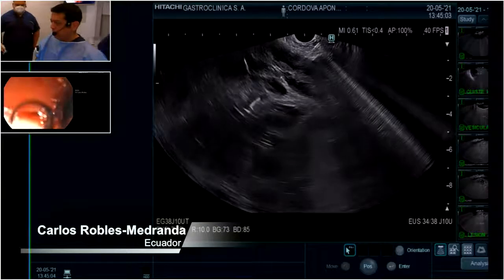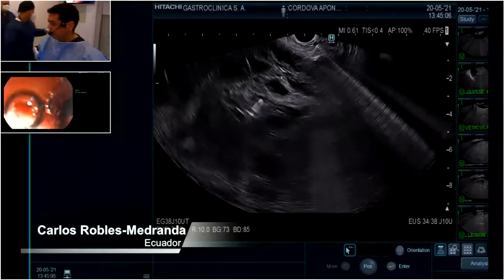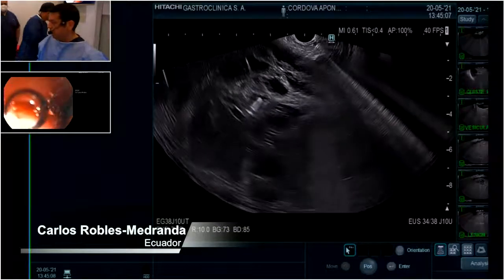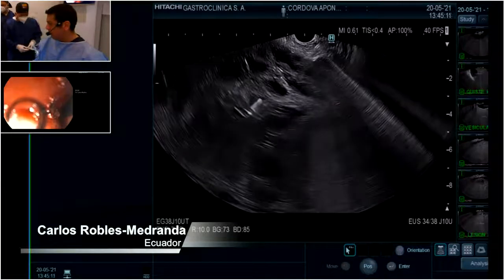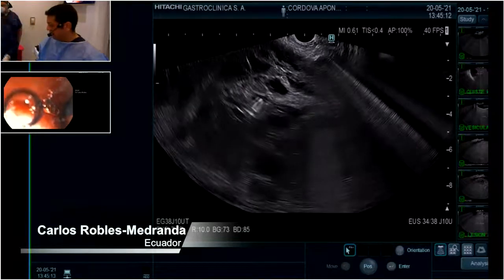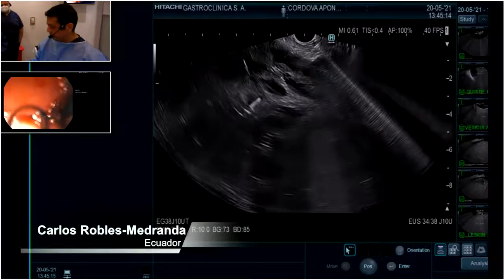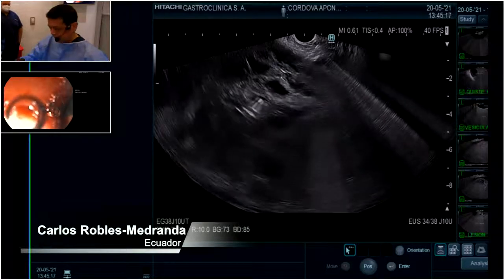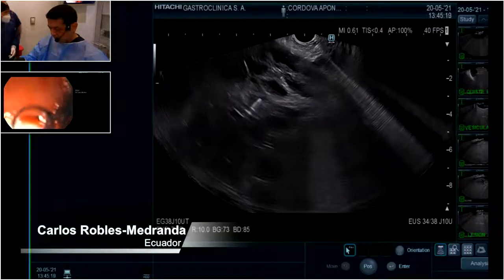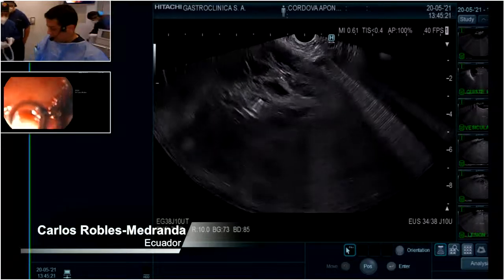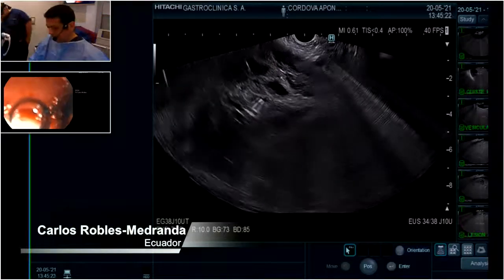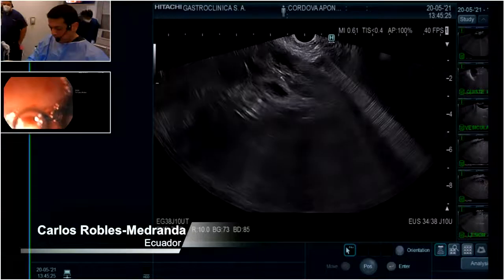So I will use a 15 millimeters axios. We will send the liquid to evaluate, but normally this need to come with increased amylase and lipase, and a lot of white blood cells.